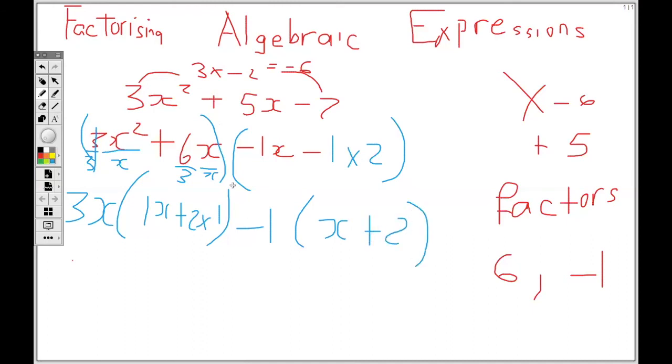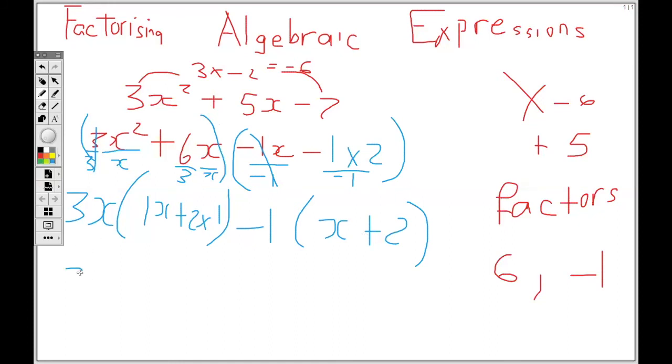Again, if you're not seeing it, when we factor out the negative 1, we divide the third and the fourth term by negative 1. Negative into negative gives you a positive, so I have a positive x. And negative into this negative gives you a positive, so I have a plus 2.